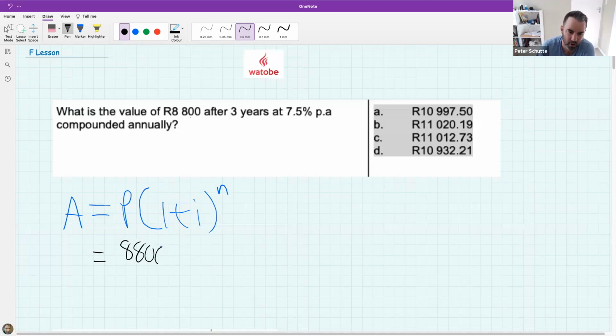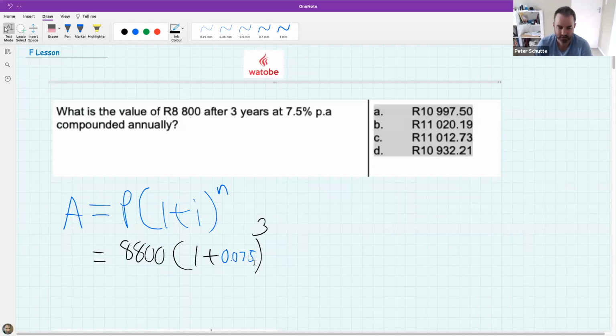Well, we know we start with that. We know the n, because it's annually, there's 3 annuals or 3 years here. The difficult part is the interest, and you can either write it as 7.5 over 100, or you can write it as 0.075.